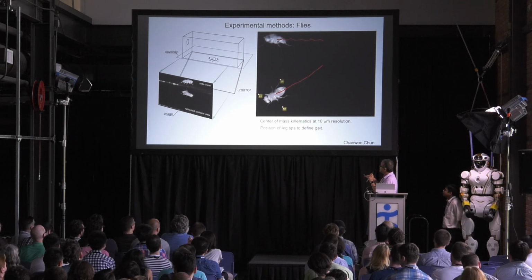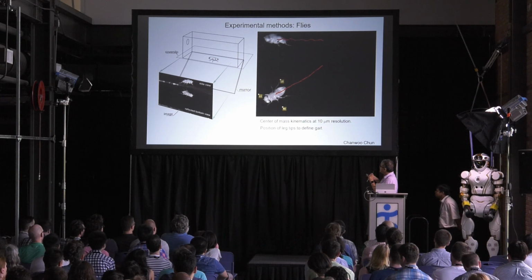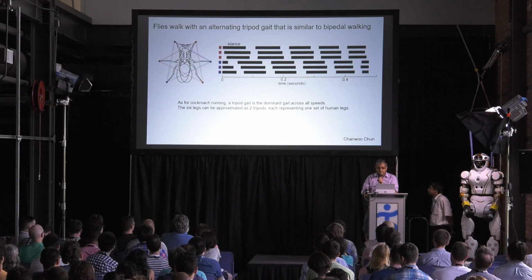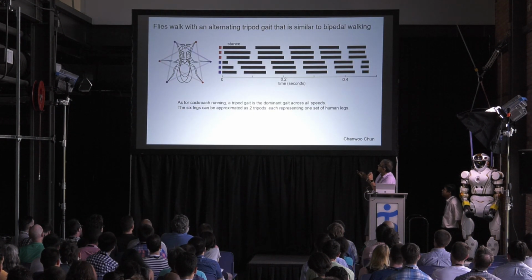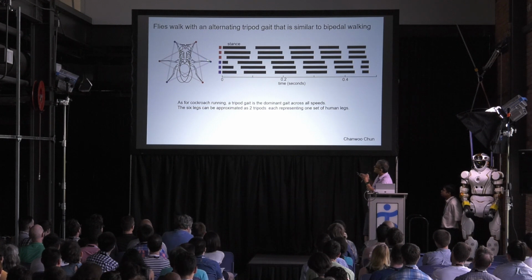In the case of the fly, we have the center of mass kinematics, as well as the position of the leg tip that helps us define the gait of the fly. It turns out that flies across the entire range of speed predominantly use a tripod gait, where the front leg and back leg of one side, and the middle leg of the other side, form a tripod base of support.